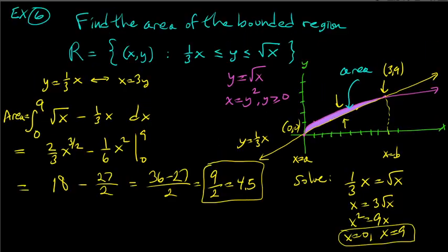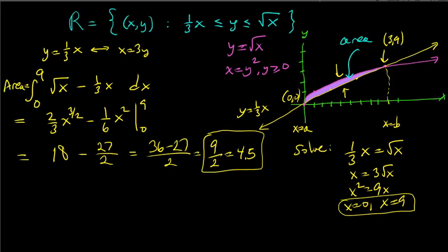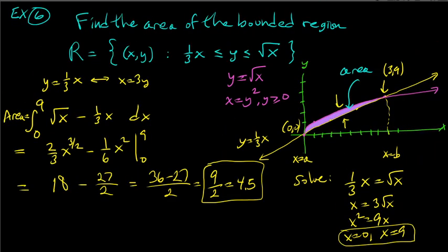What we're going to do now, though, is think of the area as an iterated integral. And here's what I mean by that. We're going to think about this as the definite integral of 1 with respect to y, where the lower boundary is y equals 1/3 x, and y equals the square root of x is the upper boundary.